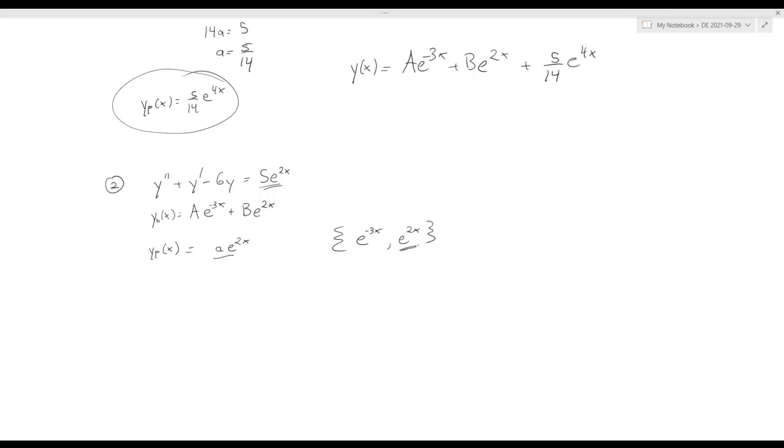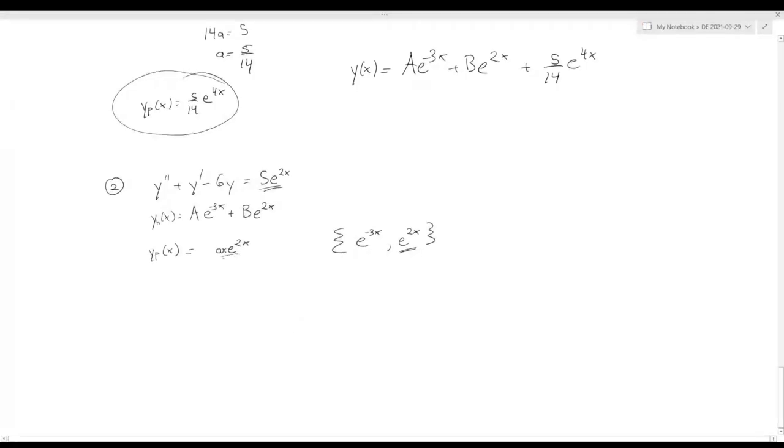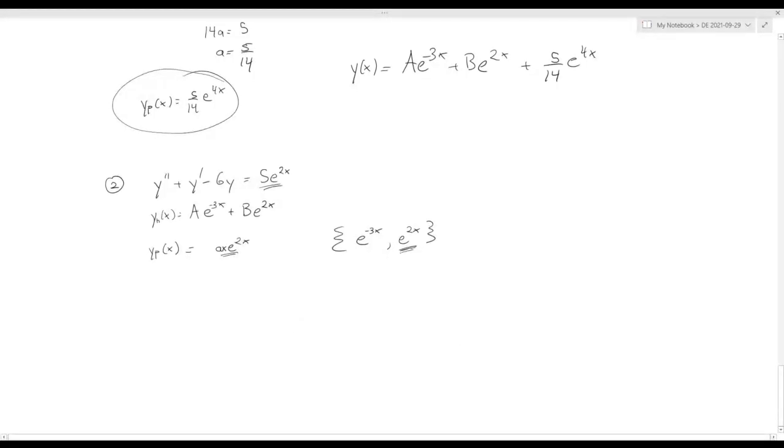So we must insist that the particular solution cannot be a multiple of something, or some combination, of the fundamental solution set, because we know that if you plug that into the differential equation, you're going to get the right-hand side as 0. To guarantee independence, we're just going to multiply by x to make sure that this is now independent from that.